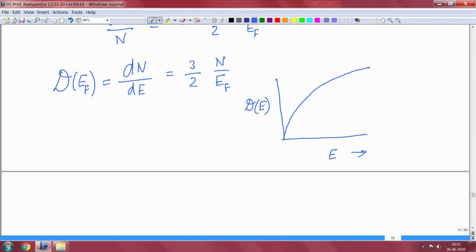and if the Fermi energy is somewhere here, so this is the Fermi energy. At a finite temperature, the thermal energy is kBT. So, the only electrons that can get excited are those which are within kBT of EF.